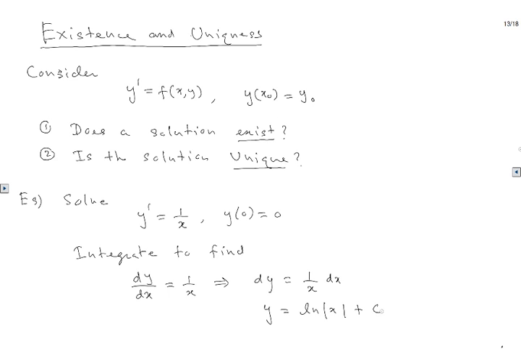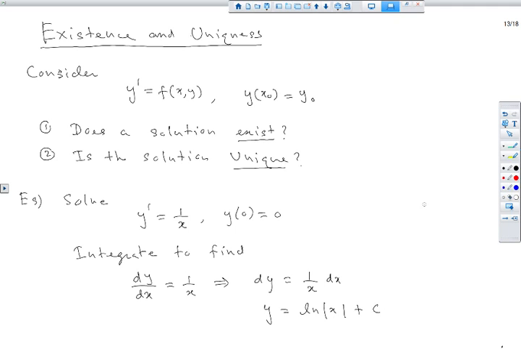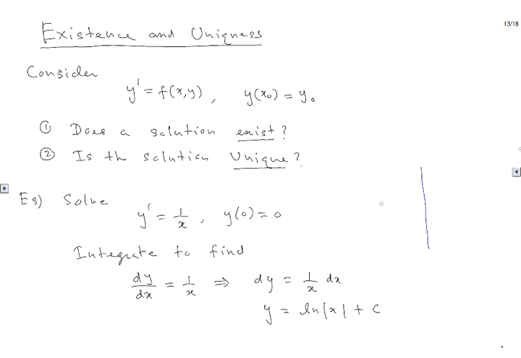Everything looks good so far, but now the problem is when you try to find the unknown c using the condition, you get stuck, because you cannot plug in 0 there, since we know that log 0 is not defined. If you look at the graph of the logarithm, it's like a tunnel.